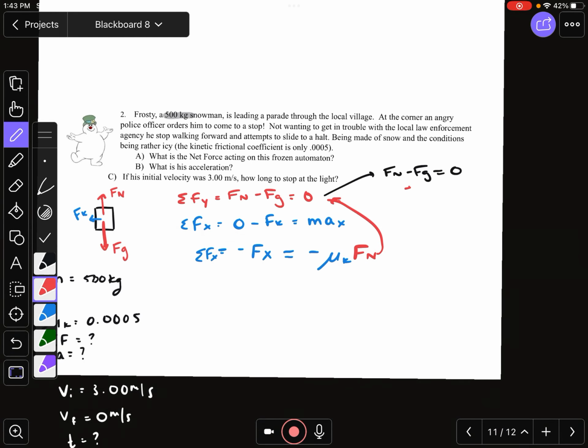I'm just going to add Fg on both sides, so I get that Fn is equal to Fg. Unfortunately, I don't know Fg, but I do know m. So I'm going to go to my calculator.